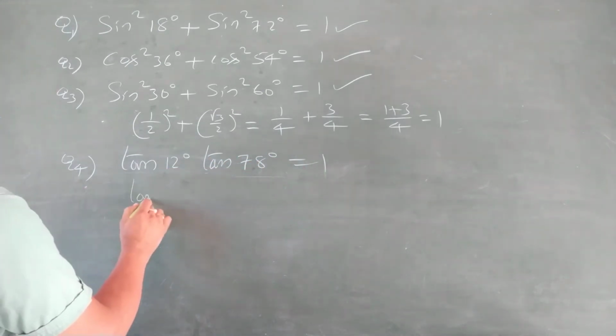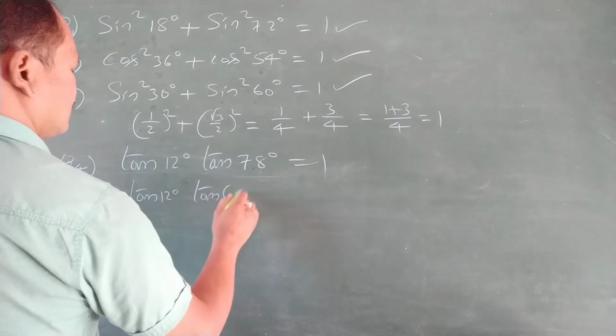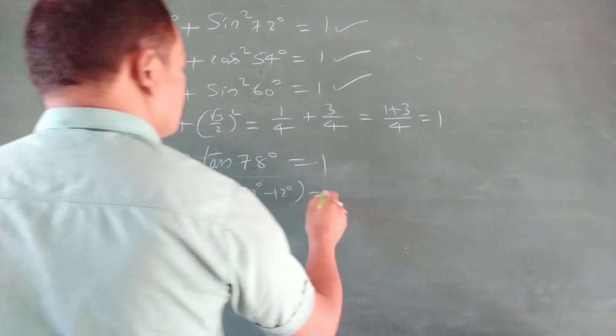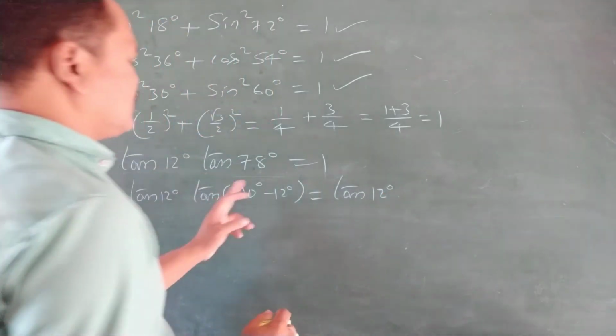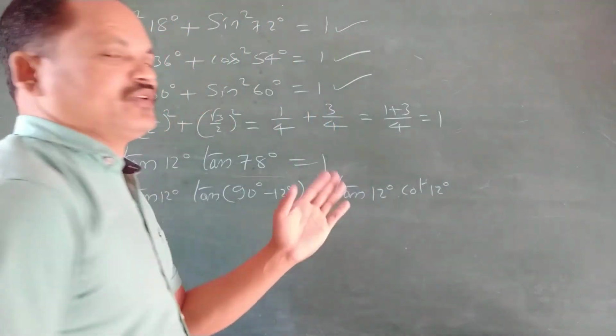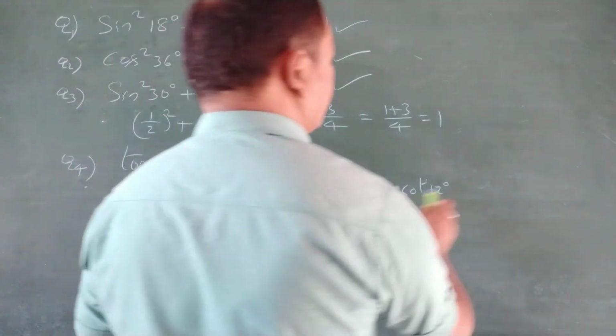We have to prove this. Tan 12 degrees into tan of 90 minus 12 degrees, which is cot 12 degrees. We know that tan theta into cot theta is 1, reciprocal to each other. That's why it is 1.